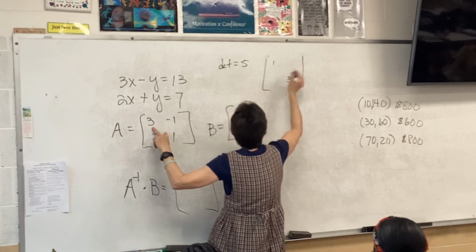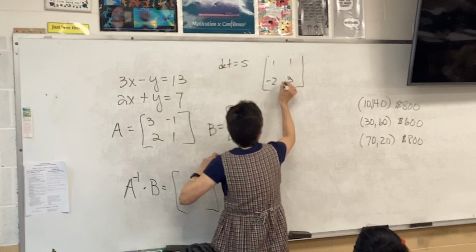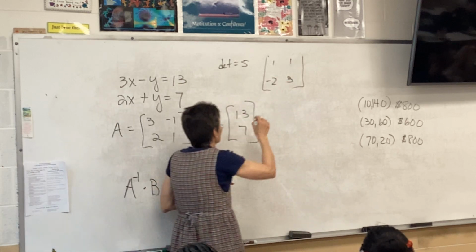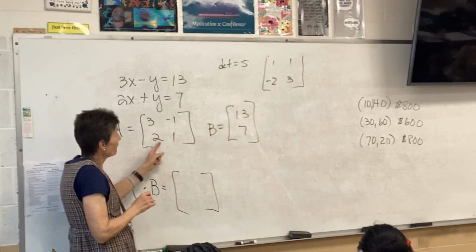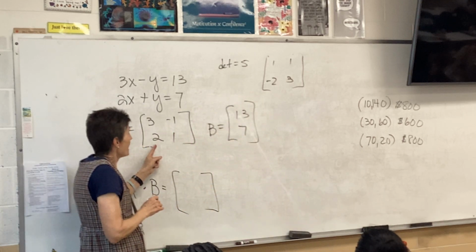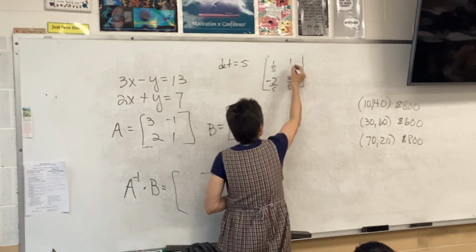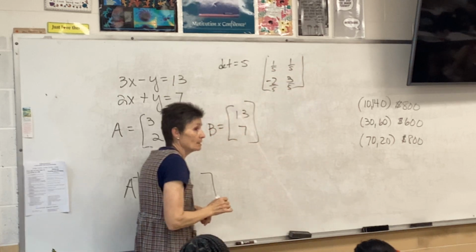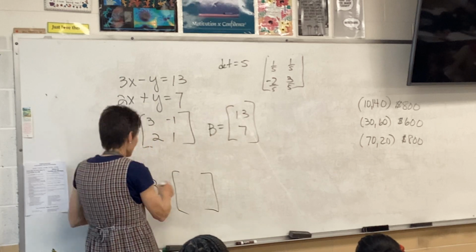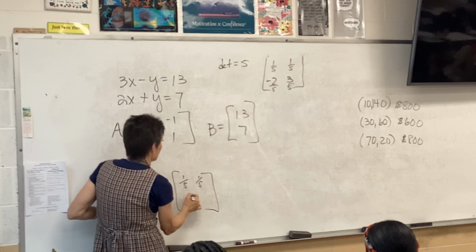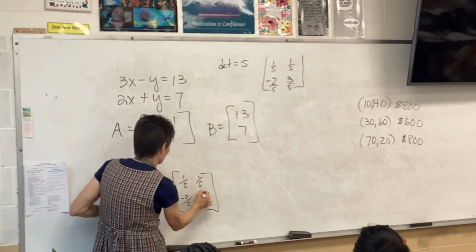So 1 and 3, positive 1, negative 2. There's my new matrix. And then flip the sides. Yeah, I did that on these guys. And then I'll divide everything by 5. That's it. And that is the inverse. So 1/5, 1/5, negative 2/5, 3/5.